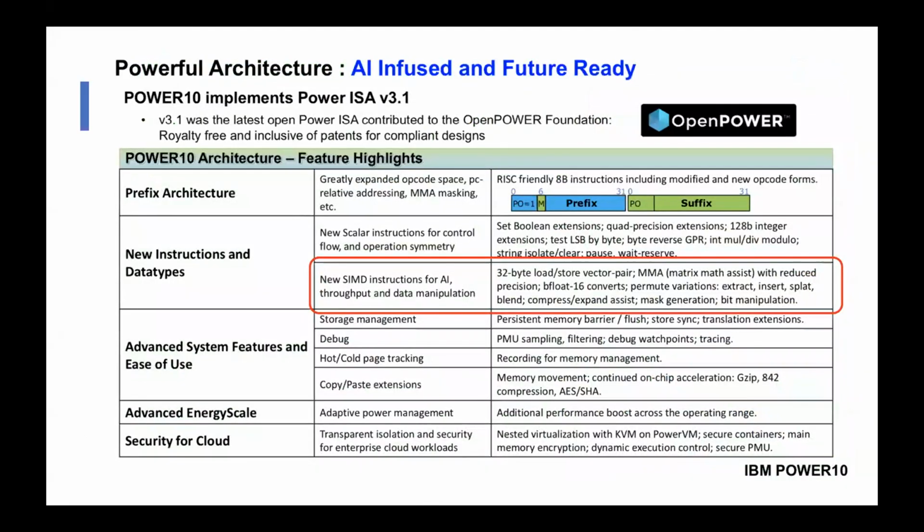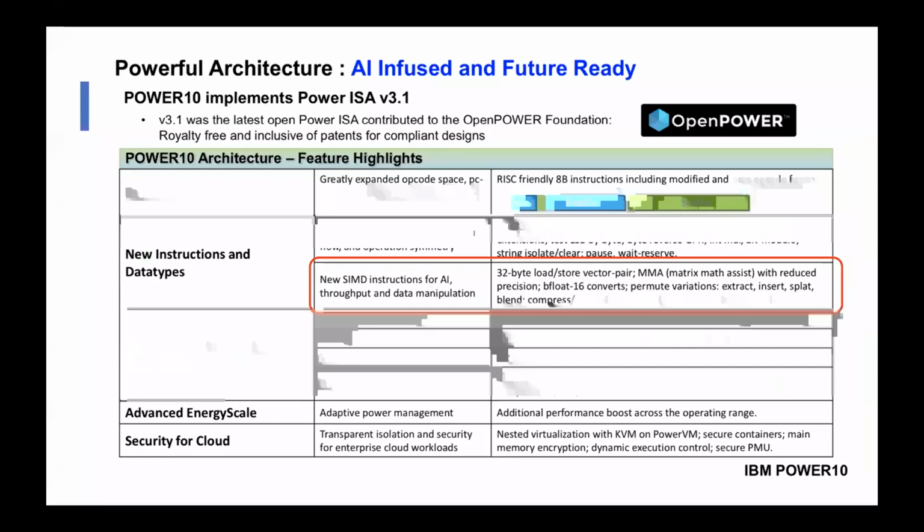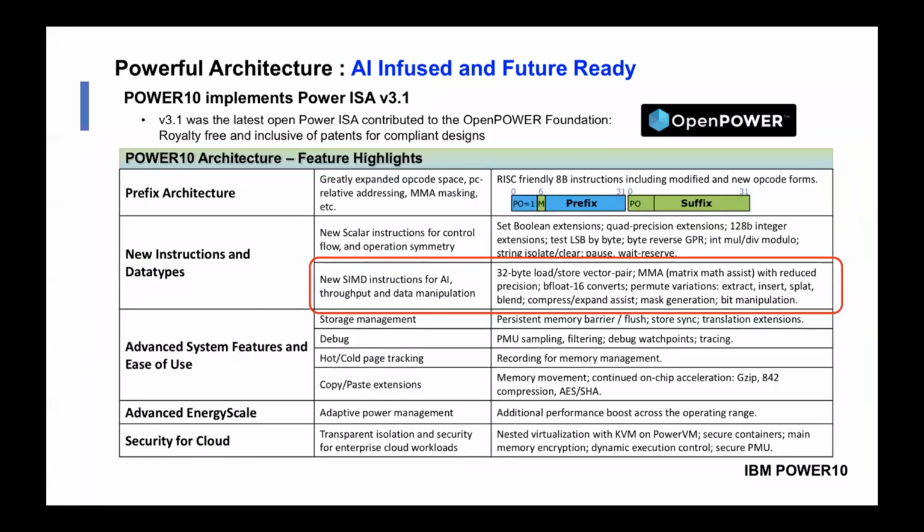Now, in terms of Power architecture and the Power ISA, the recent version is Power ISA 3.1. You might see a lot of new features that have been introduced in Power ISA version 3.1. To name some of those: prefix architecture is one such thing. Then we have new instructions and data types that we support primarily to fulfill AI requirements.